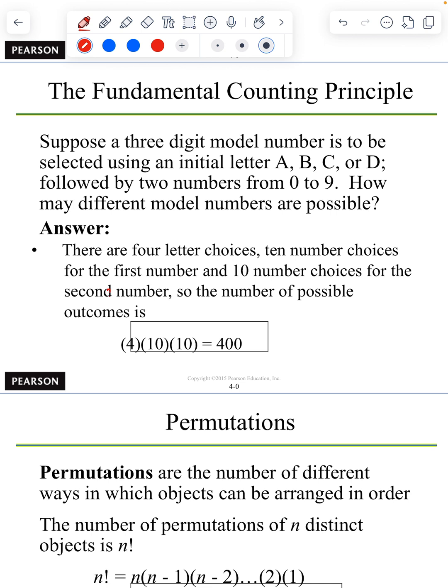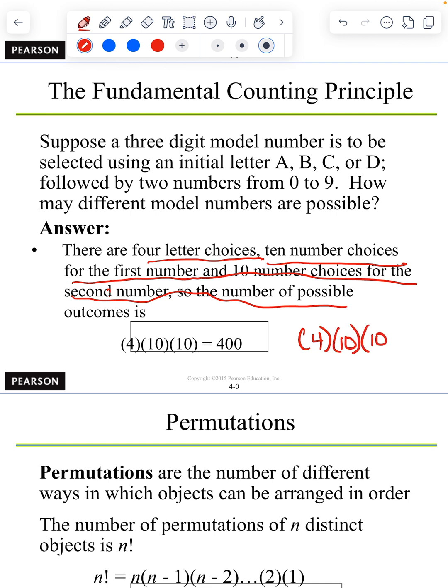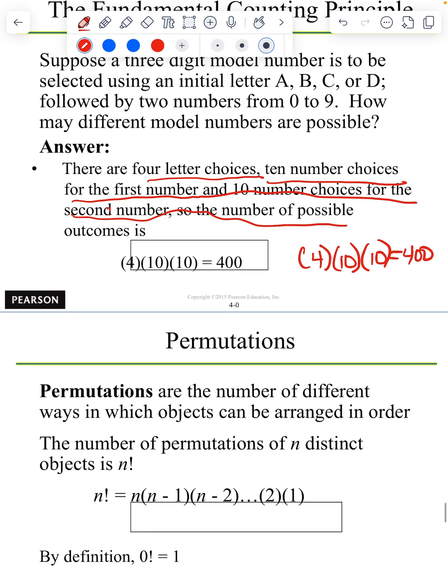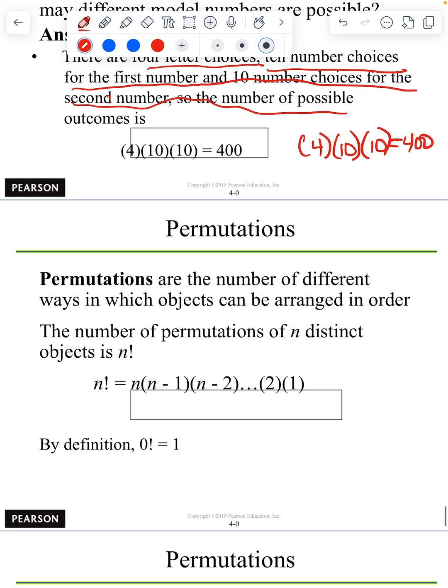So there are 4 letter choices, 10 number choices for the first number, and 10 number choices for the second number. So you would have 4 times 10 times 10, and if you multiply that together, you get 400. So you just simply multiply them.